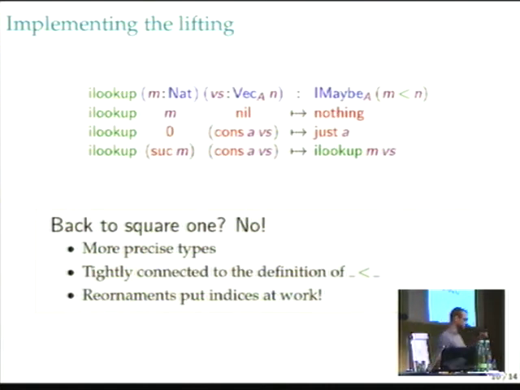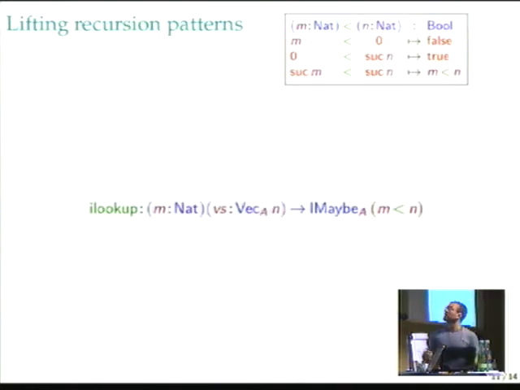The other important thing is that when you are implementing lookup, you as a human being know that on the side there is this coherence proof, so you're careful in your implementation not to screw up. Here, the computer knows what you are aiming at, and I'm going to show you that you actually don't need to implement that thing. You can play with the system and implement ilookup while being helped by the system.